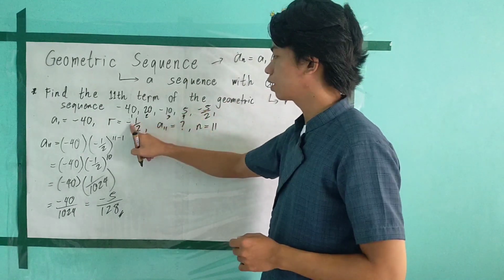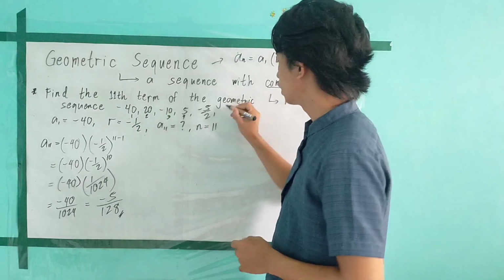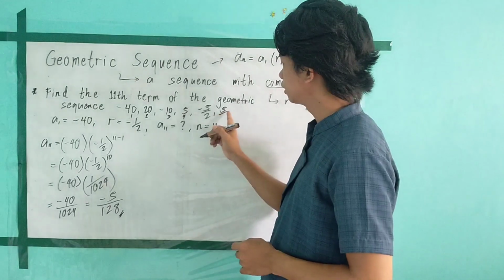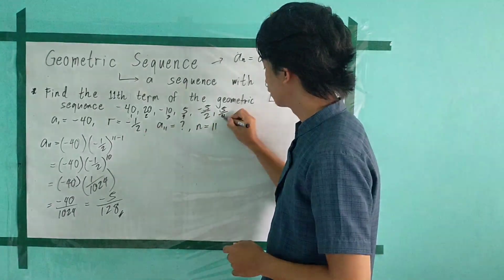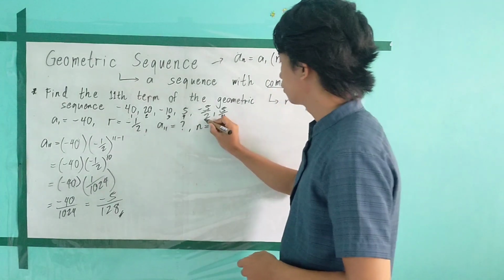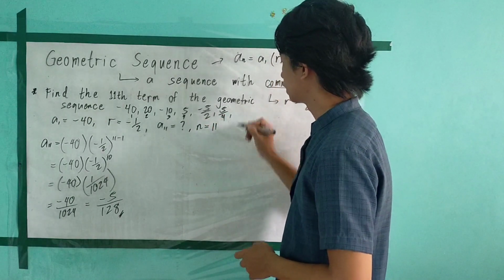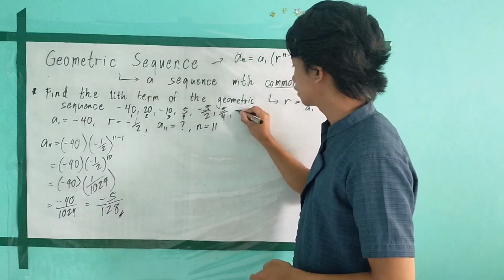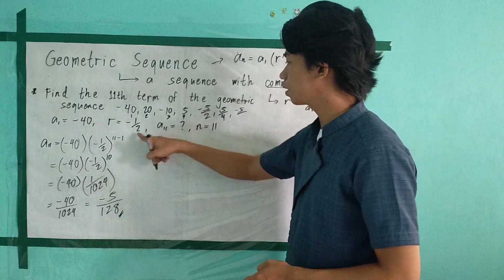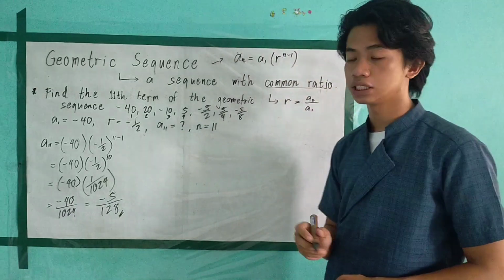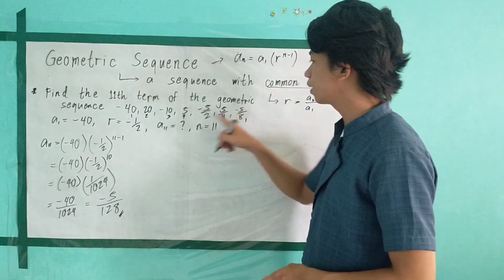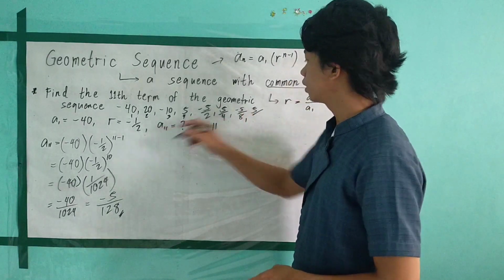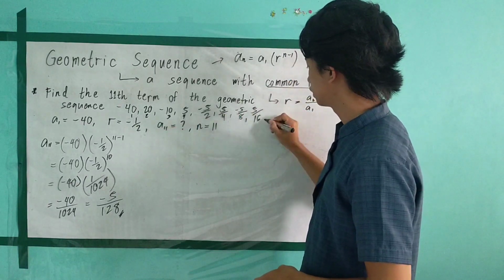So negative 5 multiplied by negative 1, we have positive 5 over, and 2 multiplied by 2, we have 4. So, pang 5, pang 6. Yan. Next, 5 multiplied by negative 1, we have negative 5 over 4 multiplied by 2, we have 8. And next, negative 5 multiplied by negative 1, we have positive 5 over 8 multiplied by 2, we have 16.